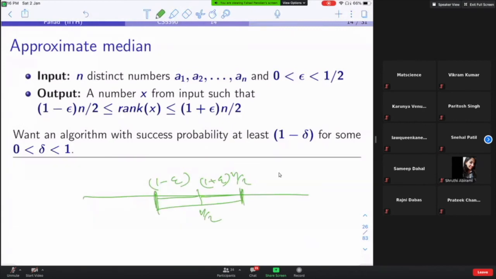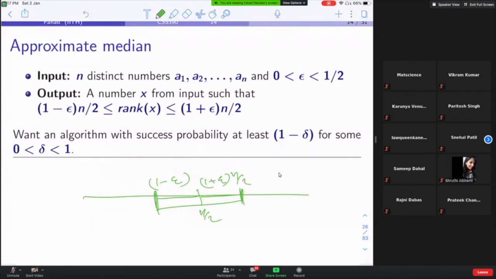Within this range. So if I choose epsilon to be very tiny, then it is very close, right? You are allowed to go epsilon times n by 2 to the left, and epsilon times n by 2 to the right.